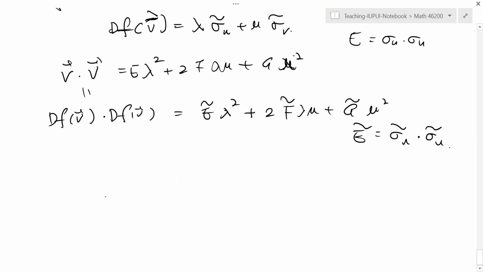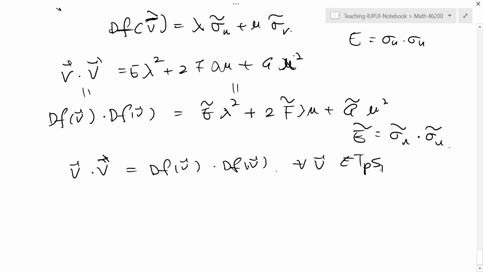Equal means these two quadratic forms are equal, for any V in the tangent plane, if and only if E equals E tilde, F equals F tilde, G equals G tilde.